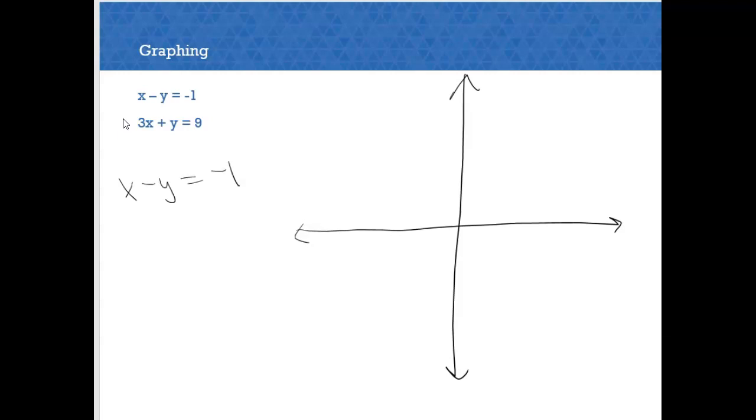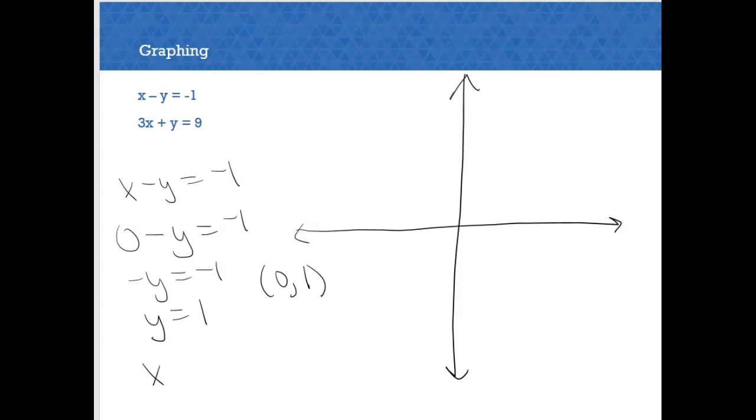So when we find intercepts, we plug in 0. In this case, we get negative y equals negative 1, which is y equals 1. So when we plugged in 0 for x, we got 1 for y. So that's one intercept for x minus y equals negative 1. The second intercept, instead of plugging in 0 for x, we plug in 0 for y.